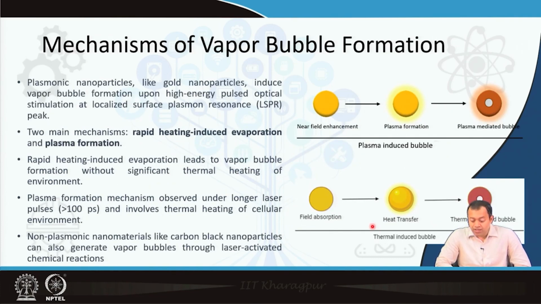Another thing that is quite interesting and has recently caught scientists' eye is the formation of a vapor bubble. So, this is fascinating. Think about it. I will try to explain it. Both are more or less the same, plasma-induced bubble or thermal-induced bubble, but this is something that we discussed in the photoacoustic microscopy.